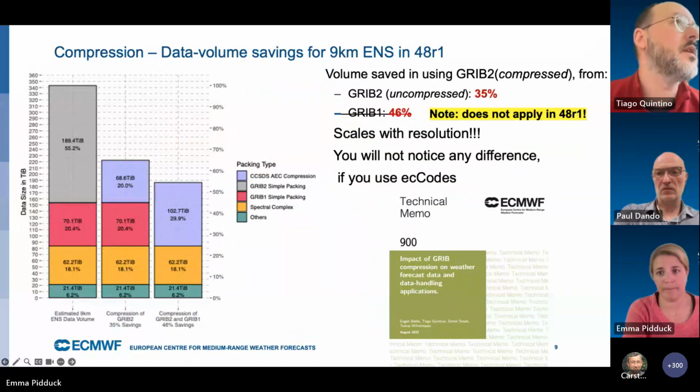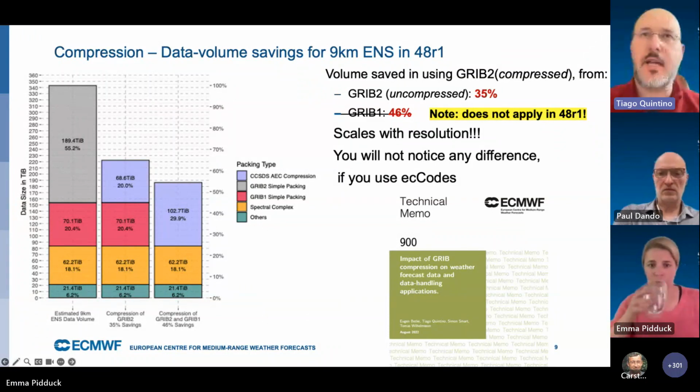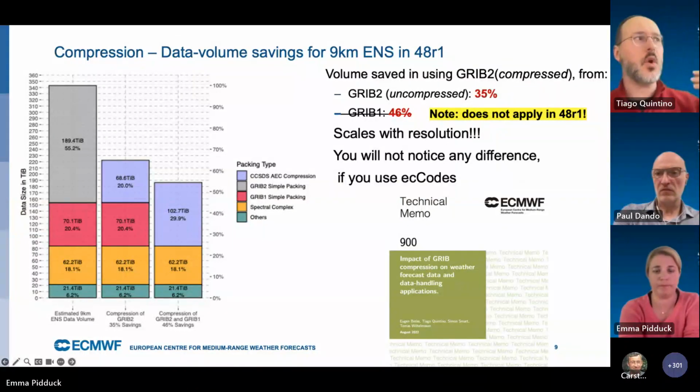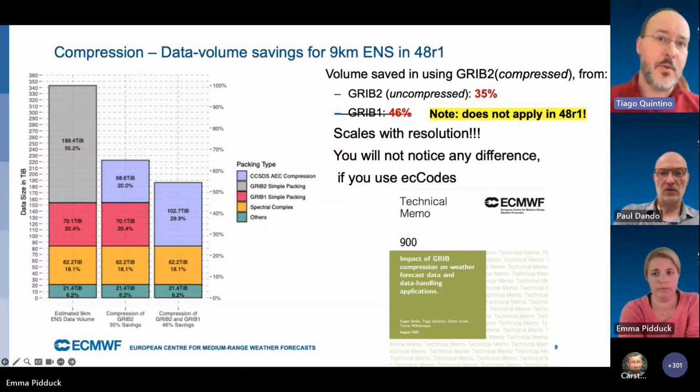So why are we doing this? Well, we did a bit of an analysis. There's a technical memo with all the details if you would like to read it. But in essence, as the resolution of the ensemble was increasing in this model update, we were going to increase a lot the volumes that we produce.